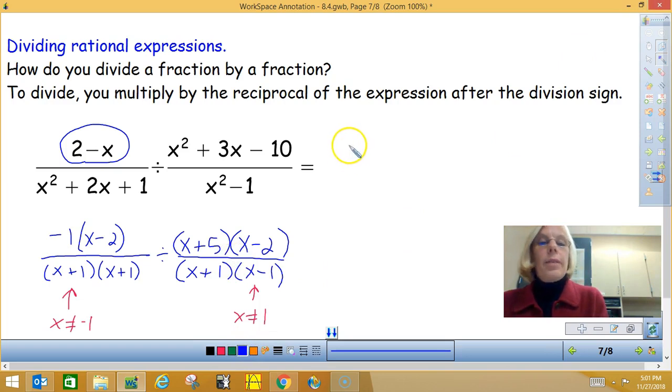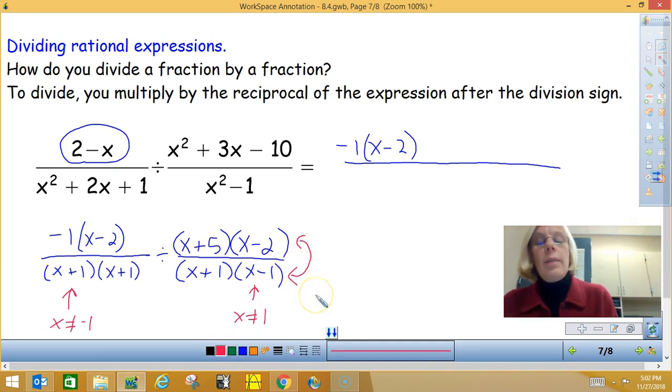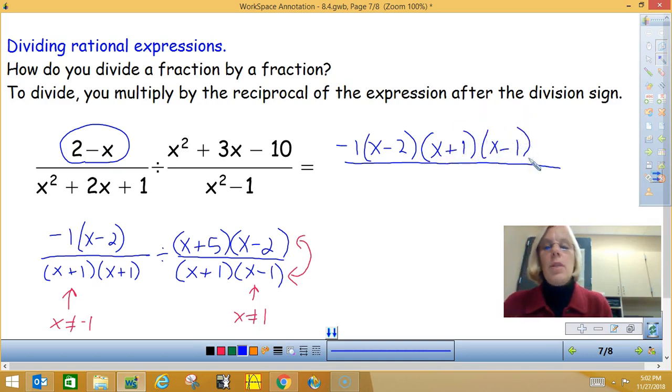So I have my negative 1, x minus 2, and when I multiply, I'm multiplying all the factors in the numerators together. The reciprocal of the rational expression after the division sign means that the difference of squares, x plus 1, x minus 1, comes to the numerator.